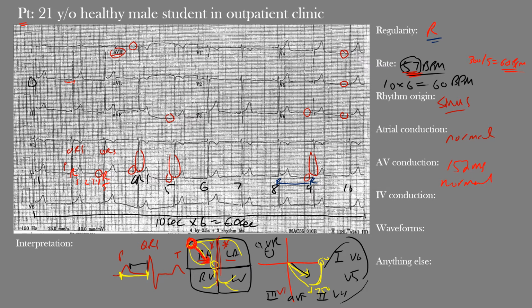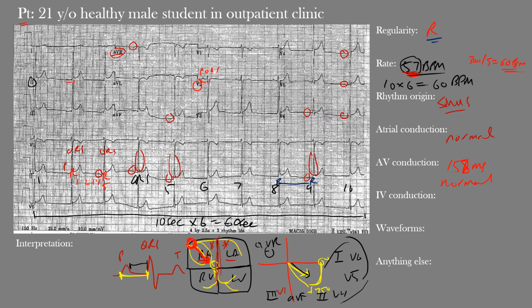Another lead we can see that in is V2. Notice we have a P wave here and our QRS complex. If you took the time to pause the video, you can see that it is within normal limits. It's actually 158 milliseconds, still within that 120 to 200 millisecond range, so that's normal AV nodal conduction.